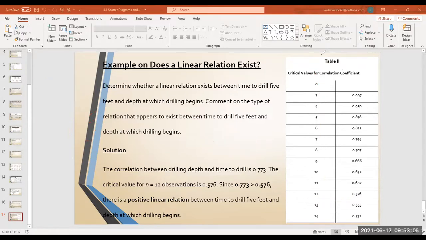So if there is a linear relation, then we know from intermediate algebra that we should be able to find the equation of that line. Linear means there is a line. So if there is a line, what is the equation of that line? That is what we are going to do in 4.2.